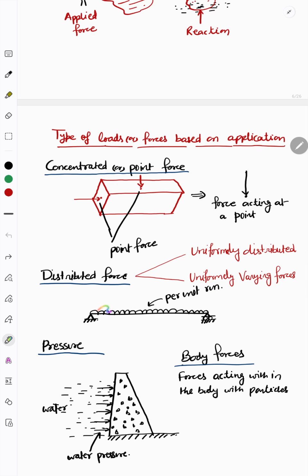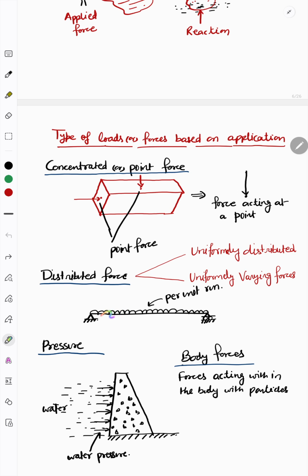Then distributed force. It is categorized in two ways: uniformly distributed and uniformly varying. If we see the force as we indicate here, if it is very uniform, meaning at every point the force acting is equal, such a force we call uniformly distributed.